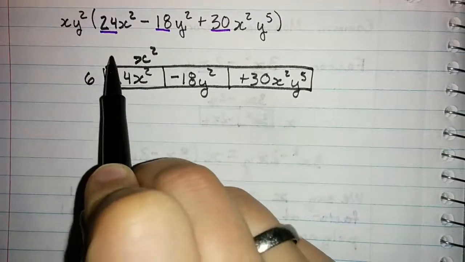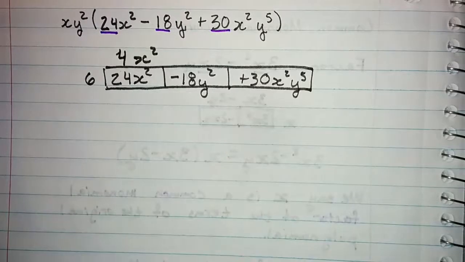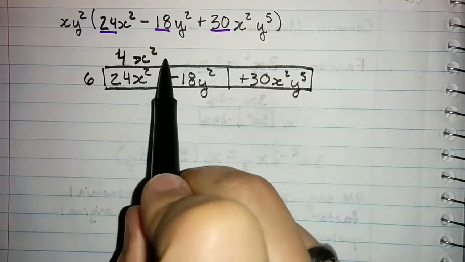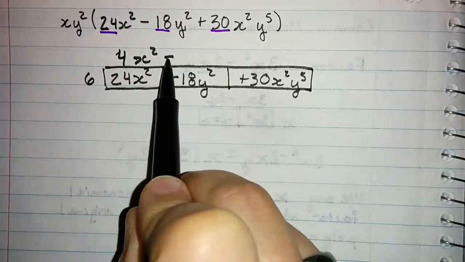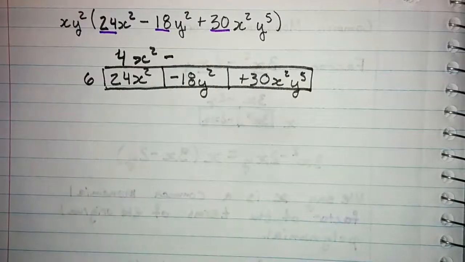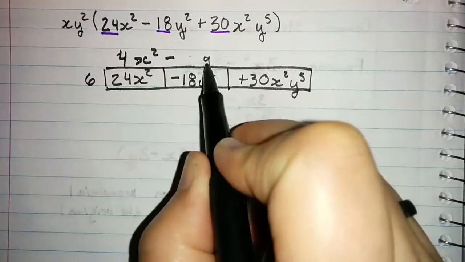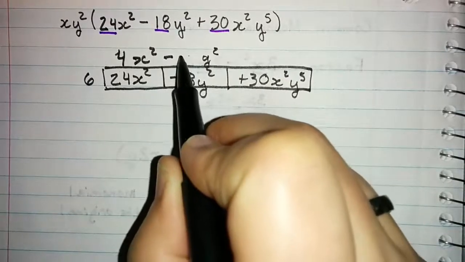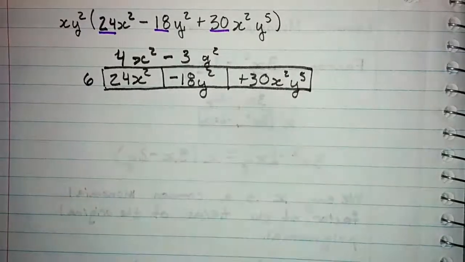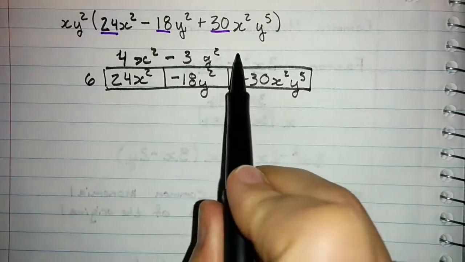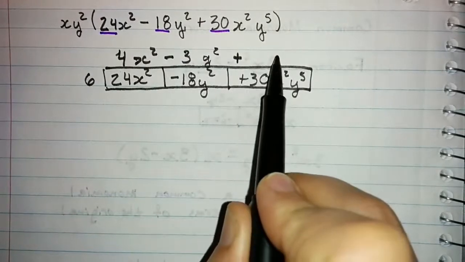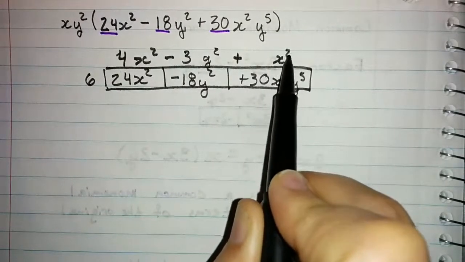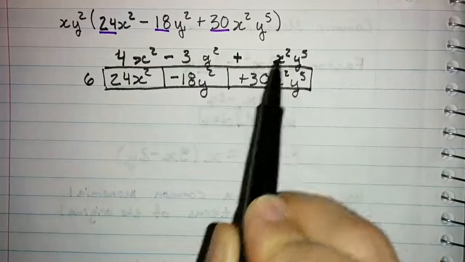What times 6 is 24? 4 times 6 is 24. This will still be negative since this is a positive 6. The variable part will still be y squared. What times 6 is 18? 3 times 6 is 18. And then the variable part here will still be x squared y to the 5th.